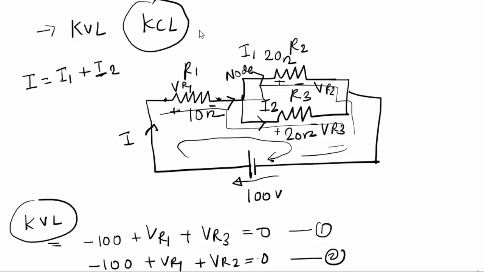So simply what you find is that there are multiple ways to find the current, and first you need to find the current I. So I will redraw the circuit.